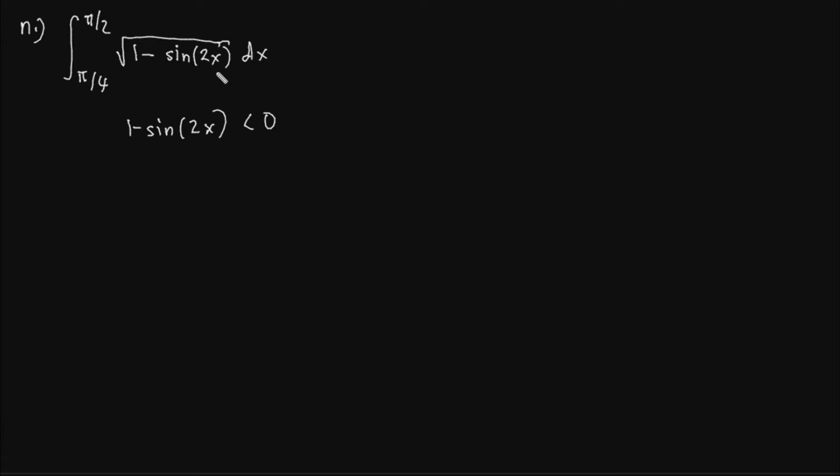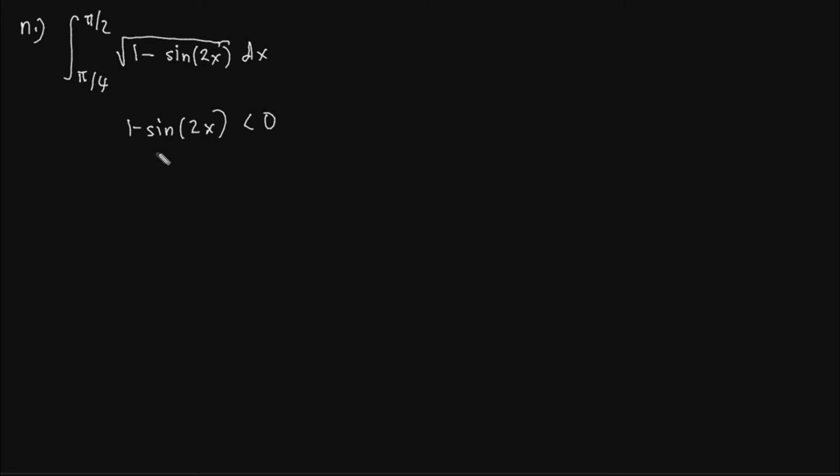And that is the integral from pi over 4 to pi over 2 of the square root of 1 minus sine of 2x. Okay? Now, remember, the only restriction that we can have here is if our 1 minus sine of 2x becomes less than 0, because if it's 0, then that's just okay.